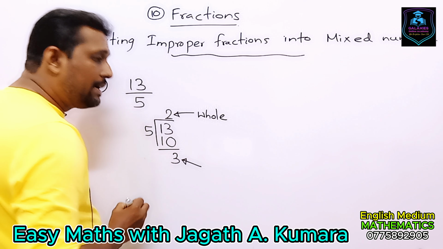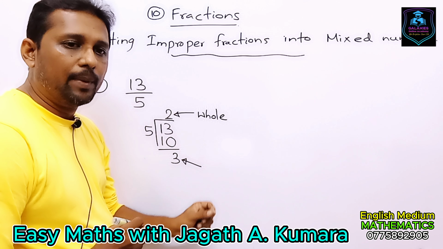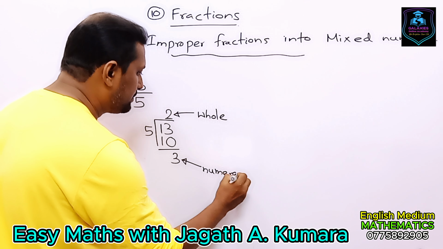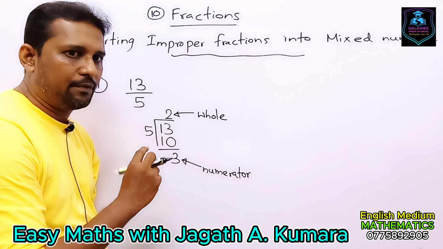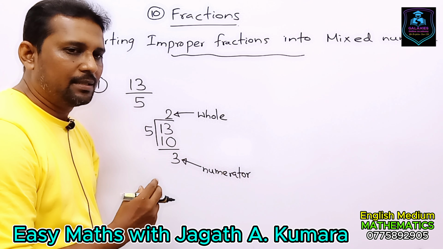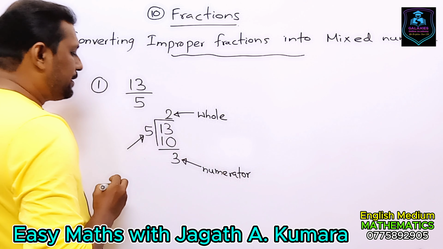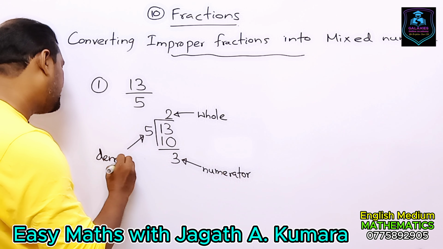This remainder value you have to write as the numerator. Remember the positions correctly, where we have to write these numbers. Then this divisor you have to write as the denominator.